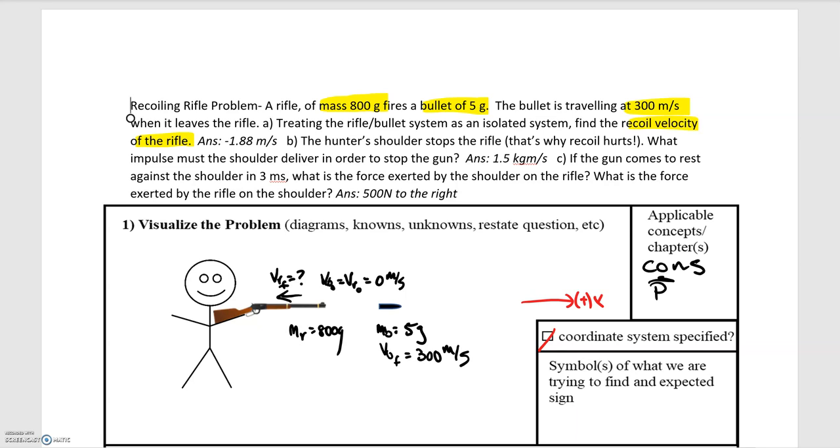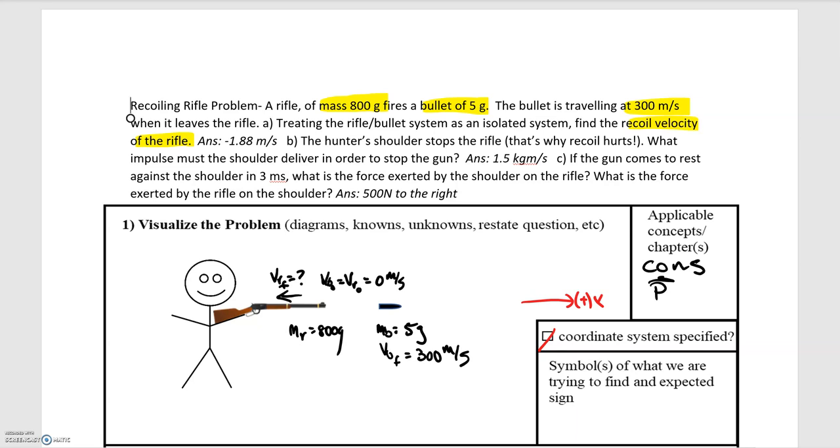So what are we going to use to solve this? We're going to use conservation of momentum. Conservation of energy does not apply here because energy is not conserved. We're converting some chemical energy that we cannot access into the final energy, so we can't use that.